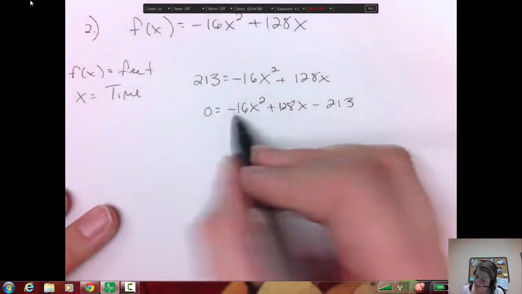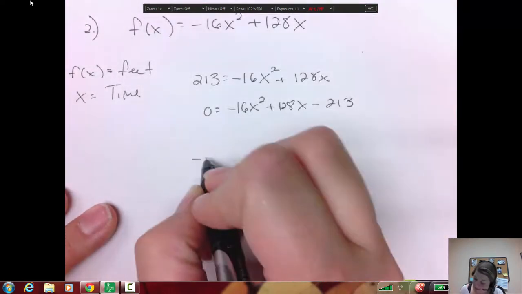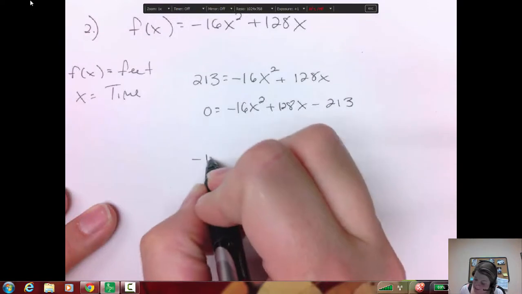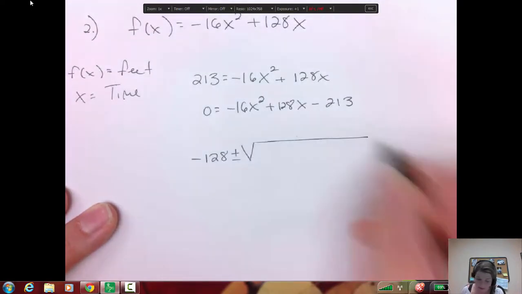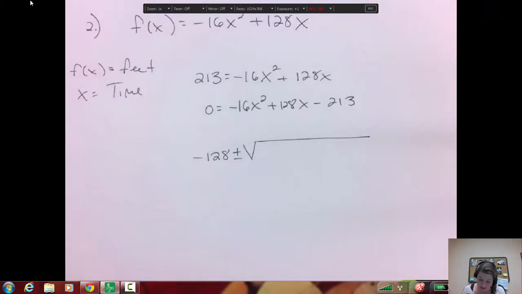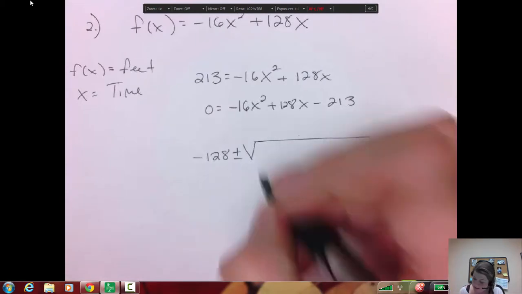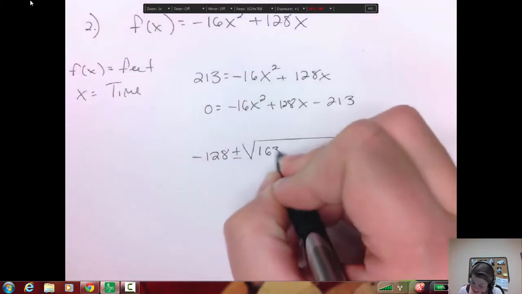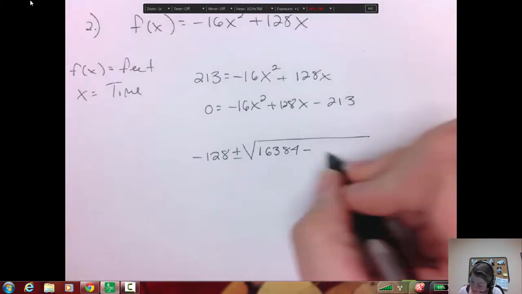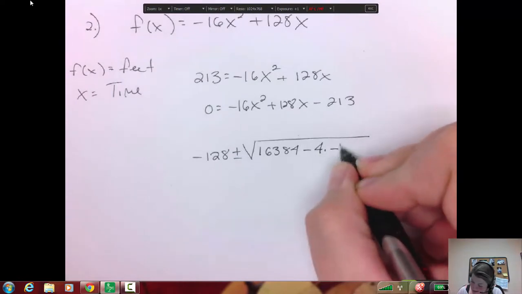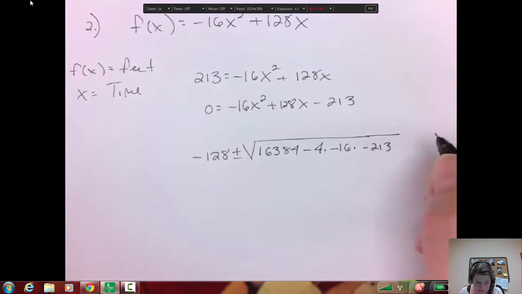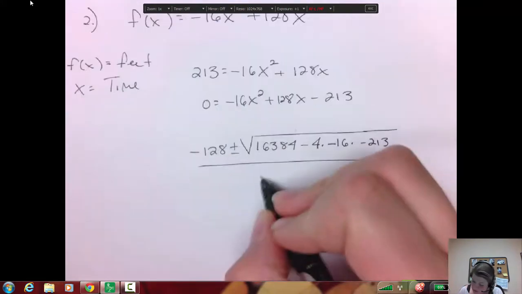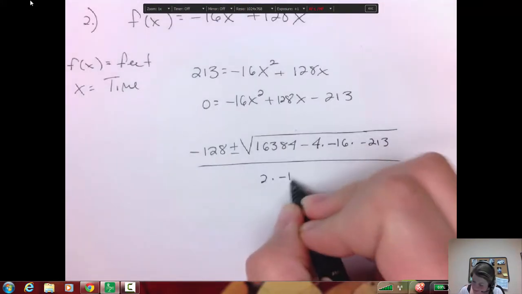So a, b, c, you go negative of the b, so that's negative 128, opposite sign, plus or minus the square root of b squared. I like to square my b right away to make sure it's positive, so 128 squared is 16384 minus 4 times a times c, so you have lots of negatives in there you have to be careful of, all divided by 2 times a.